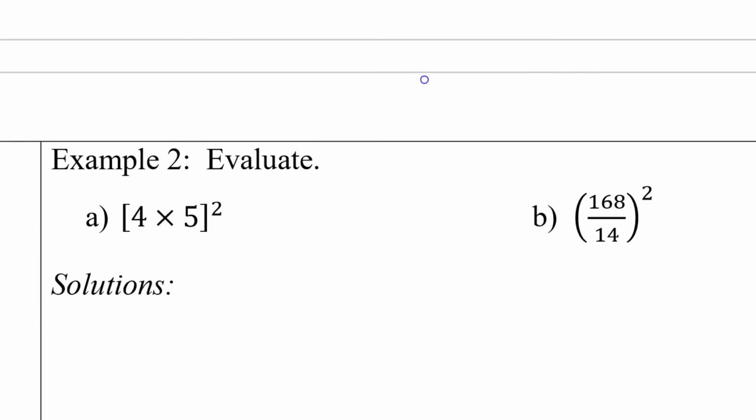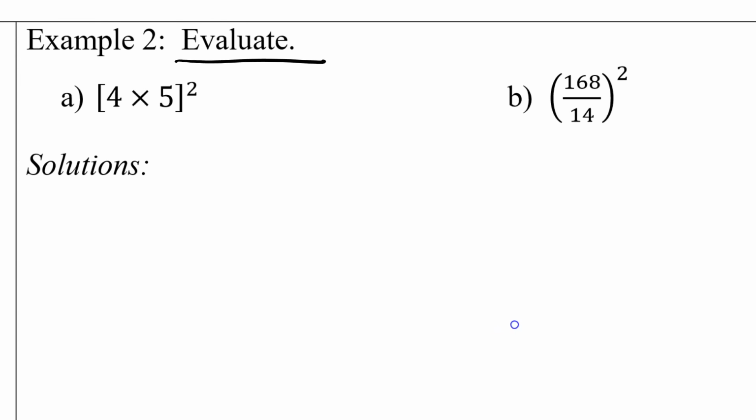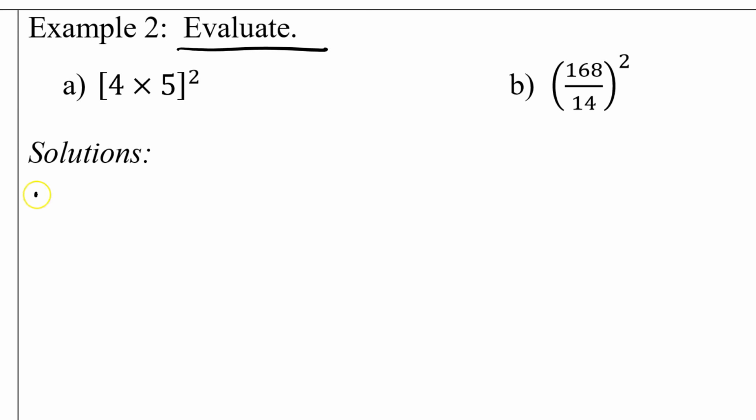Example number 2 is a little bit different because we're asking you to actually evaluate it. Now, there are 2 different methods. Method 1 is the one that I taught you before in the first video.